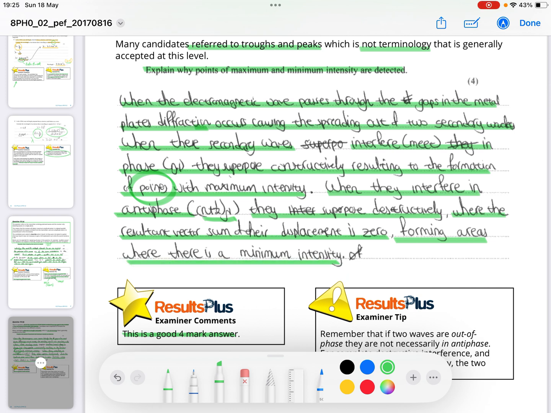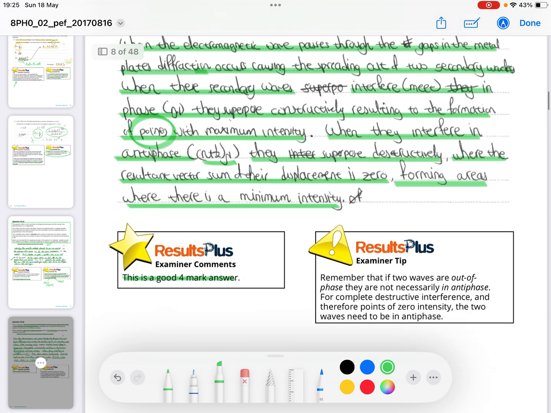Now, it's right to say minimum intensity because it won't always be 0 if one of the sources of the separated waves, as in split into two sources, is closer, then the amplitude of the one that's closer will be slightly more than the amplitude of the one that's further apart. So this student gets 4 marks.